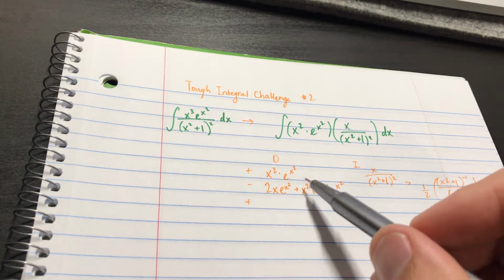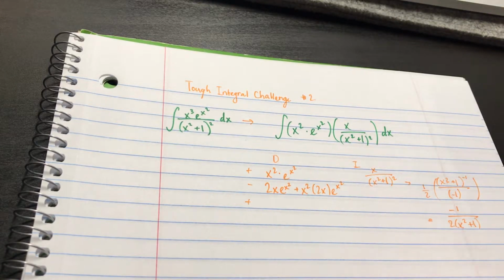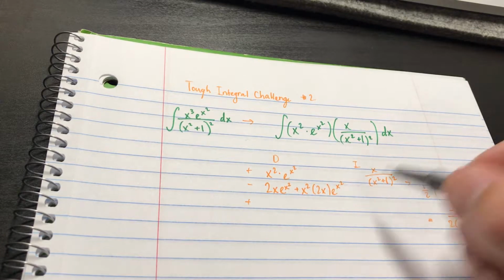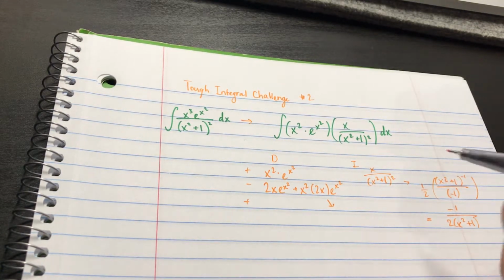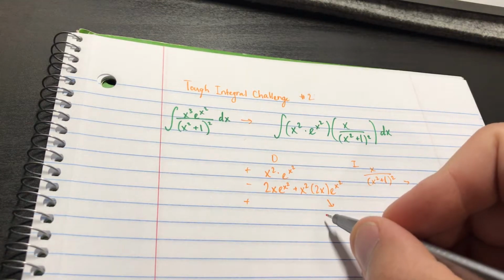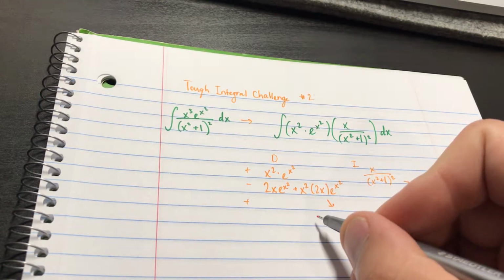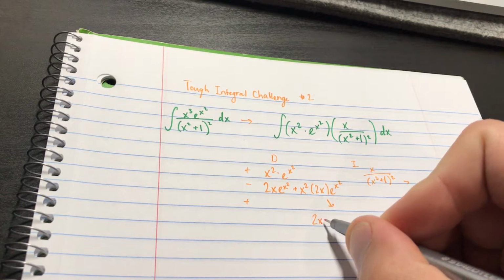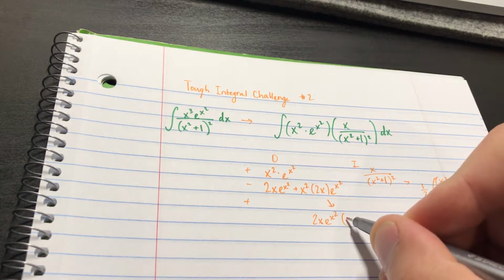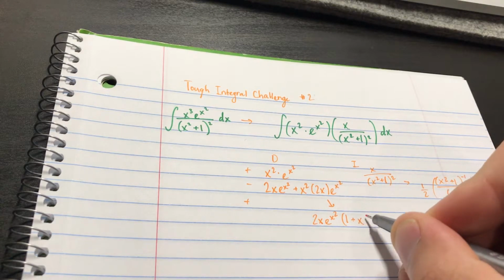And we can also simplify this function over here by pulling out the common factors that we see. So I'll go ahead and put this over here. And what this looks like is 2x e up to the x squared times 1 plus x squared.